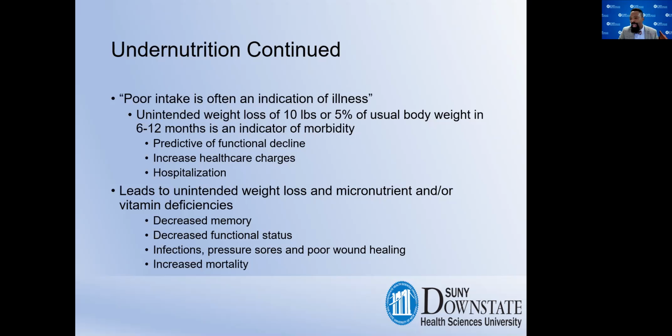It impacts functional status, right? The ability to execute activities of daily living, whatever they may be, okay, and instrumental activities of daily living. So unintended weight loss leads to micronutrient deficiency, vitamin deficiency, and it increases the risk of things like infections or pressure sores and poor wound healing.